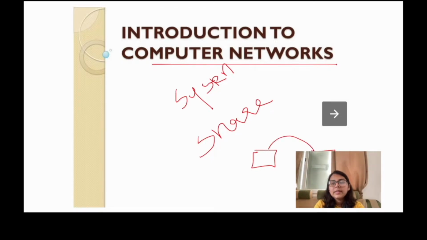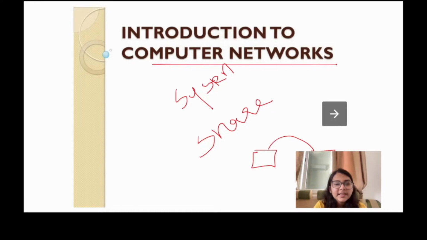So here you can see there is a connection between these two devices. So a computer network is a system that is used to interconnect numerous independent computers together, and it is used to share information and share resources or other kinds of communication.